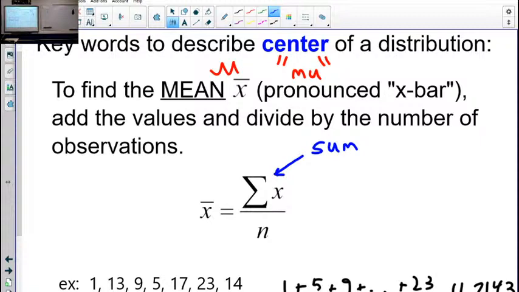But the sum of the values. Okay, that's the notation. This is saying here are the values. You put the values in and you add them all up. And then we divide by n. Remember, n, we said, was what we used to stand for sample size.